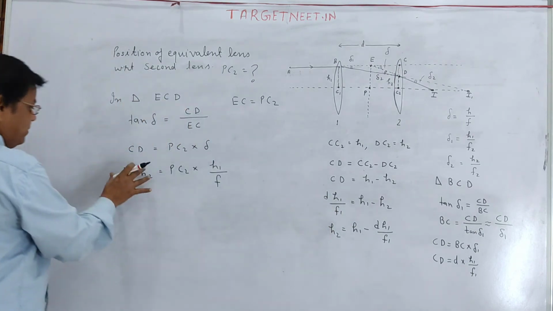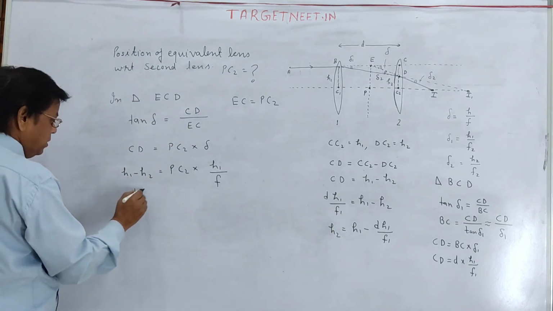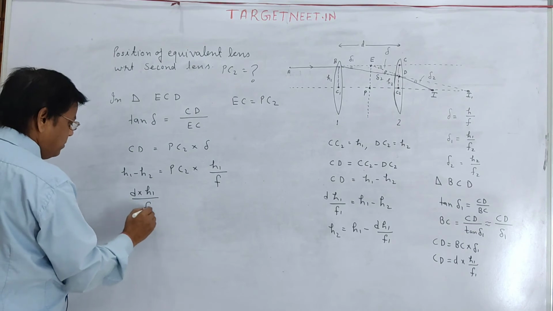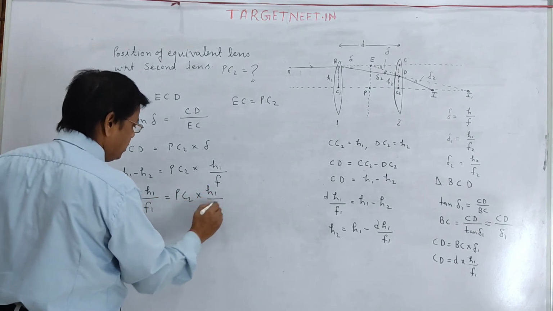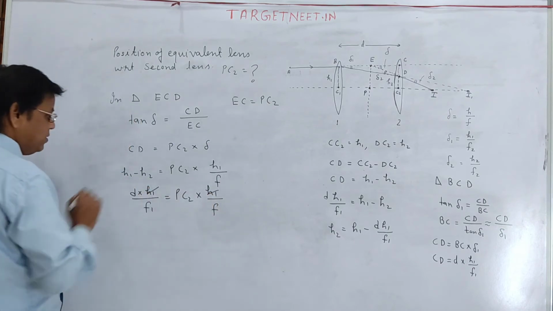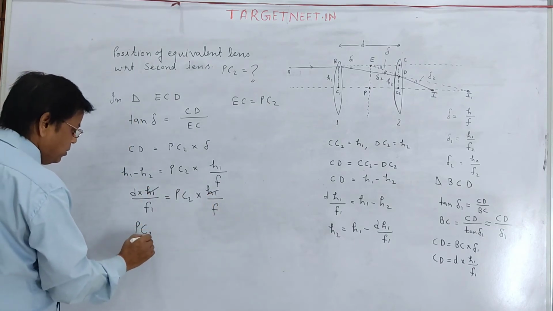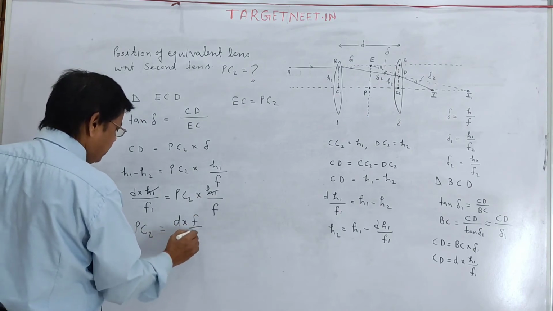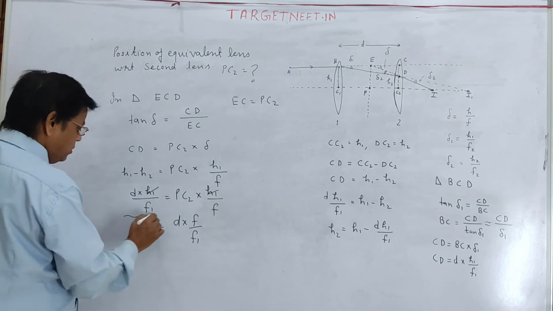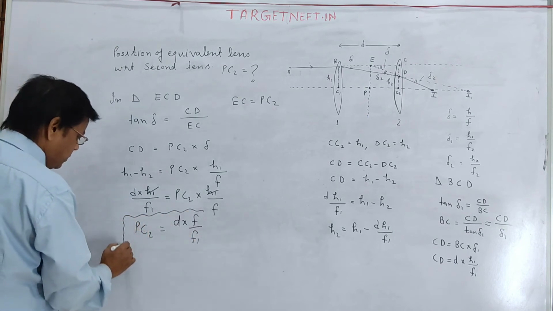So here we can write dH1 upon F1 is equal to PC2 into H1 upon F. H1 cancels. So PC2 is D into F upon F1. So this is your answer.